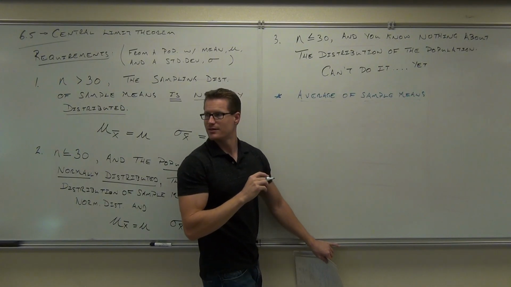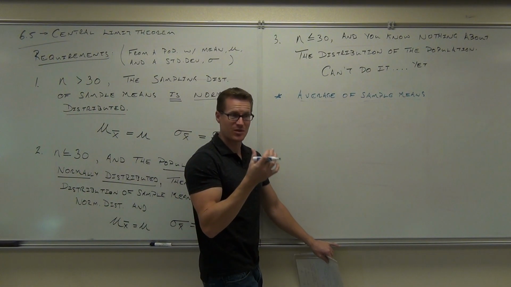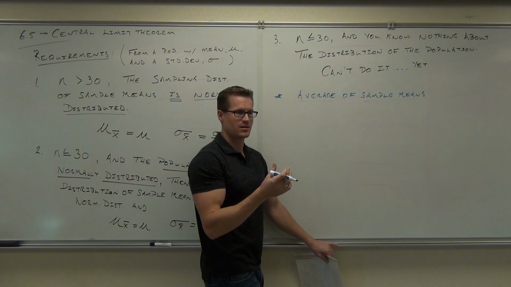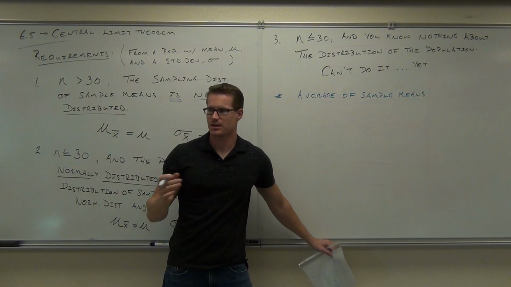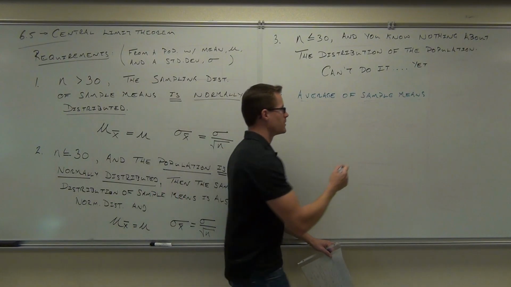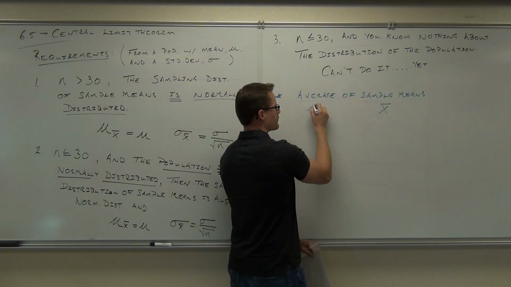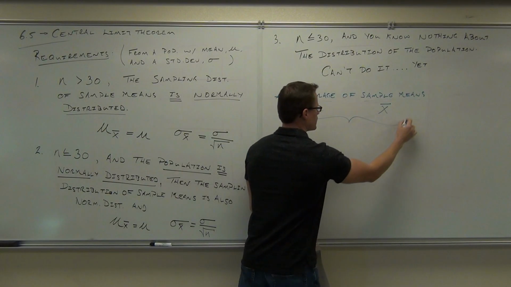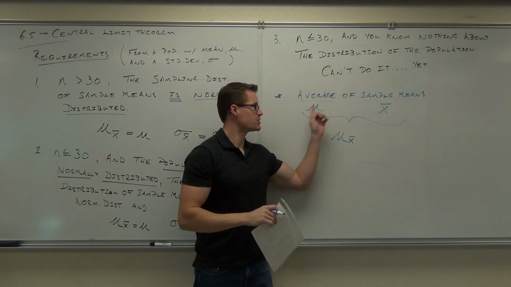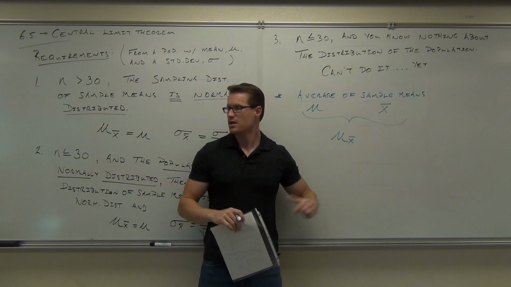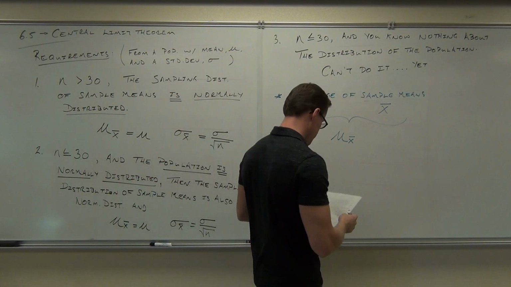When we do the sample mean, beginning of class, first chapter, just x bar. If we take the average of all of our sample means, and average looks like that, that's how we're getting mu x bar, okay? So when you see this, this is the average of sample means. That's what that means. I've already explained it to you. I just want to make sure you see it again, so you have that.